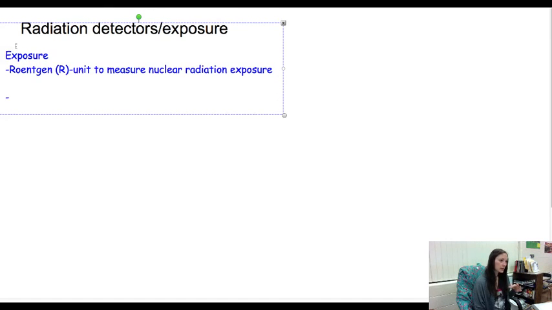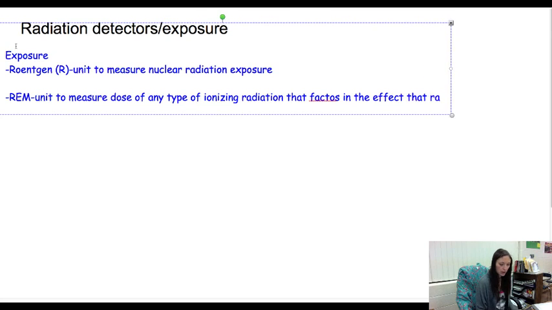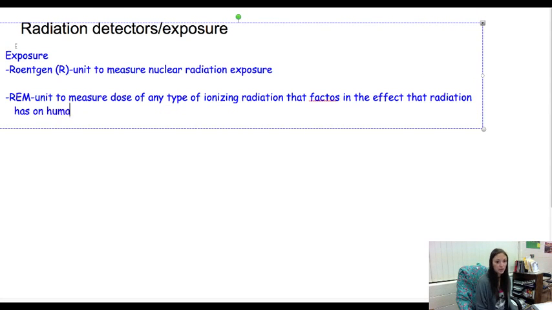The other one that we look at a little bit more is what we call a REM, and this is the unit to measure the dose of any type of ionizing radiation, which means any kind of nuclear radiation, that factors in the effect that radiation has on human tissue. Meaning it's measuring specifically how this radiation will impact your skin.